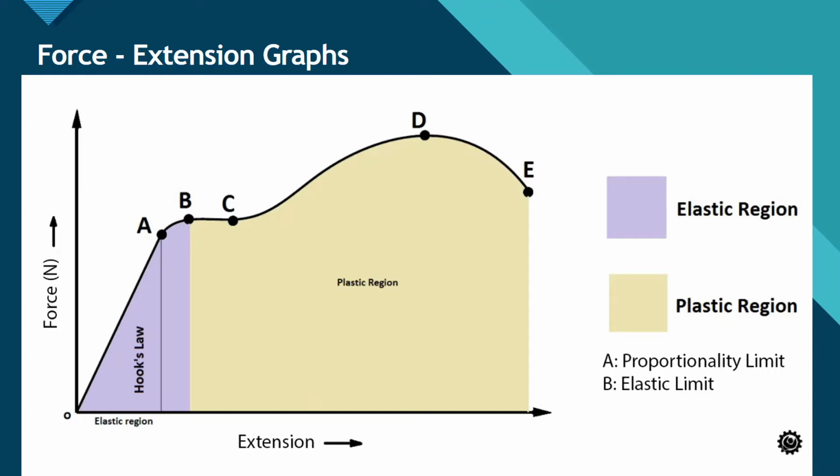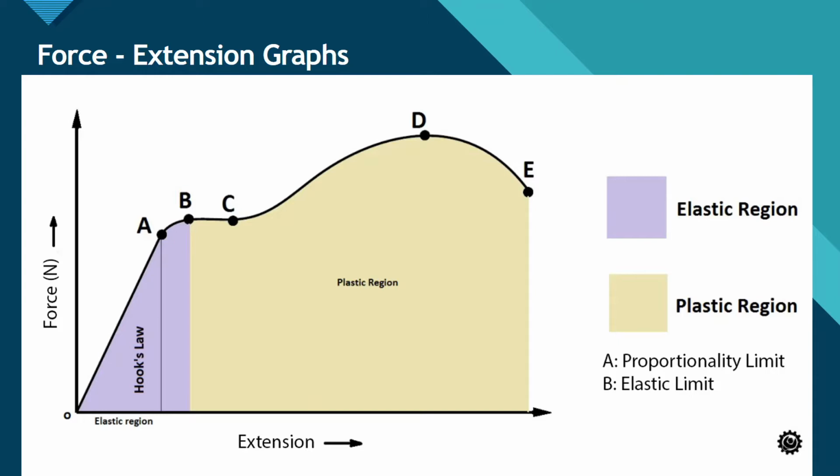What we're interested in here is actually the linear section of this purple shaded area. The purple region is the elastic region, so any force or extension within this area will return to its original shape. Once you pass point B, you will go into the plastic region and you will no longer be able to return to your original shape.